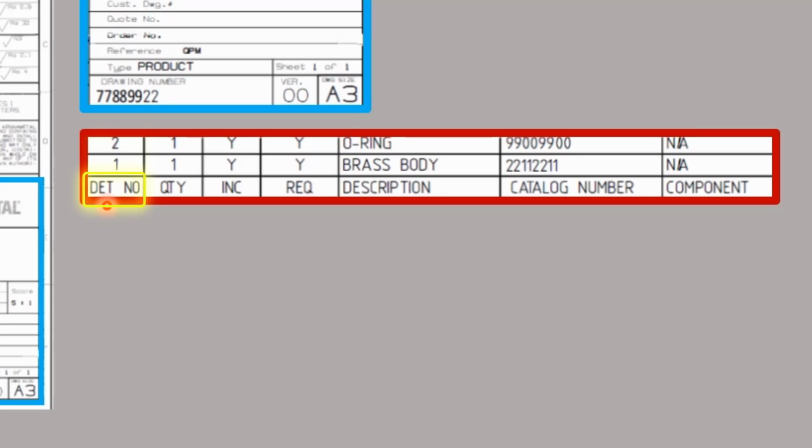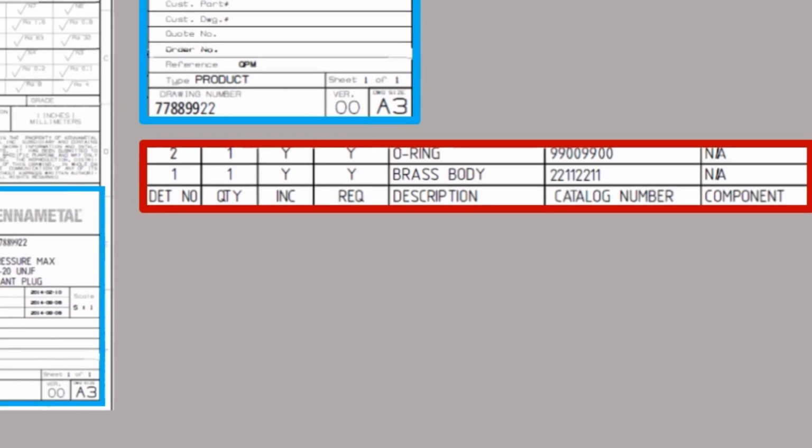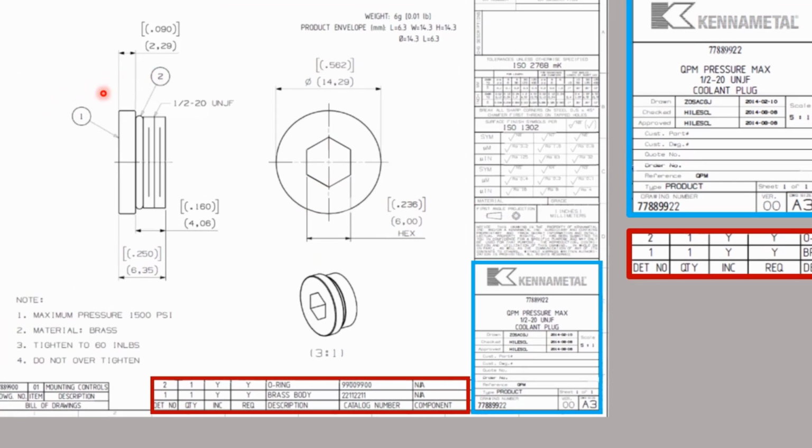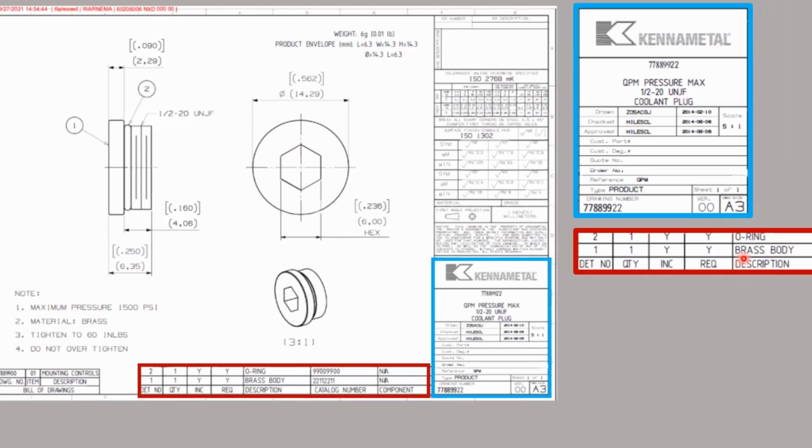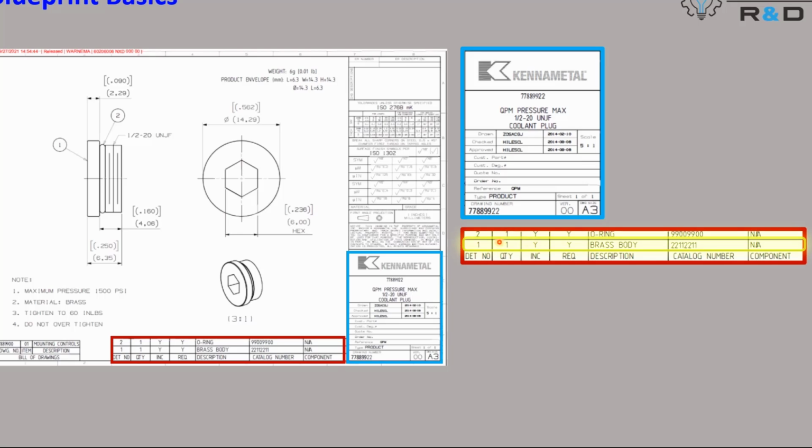In this particular coolant plug design, there are basically two components, number 1 and number 2, and they're identified over here by these balloons 1 and 2. Number 1 is known as the brass body, and number 2 is the O-ring. Those are two components being put together or assembled there.